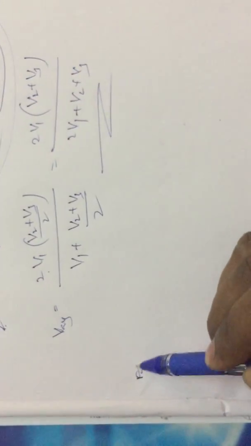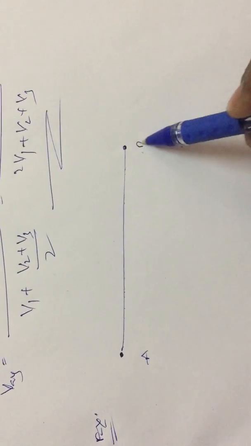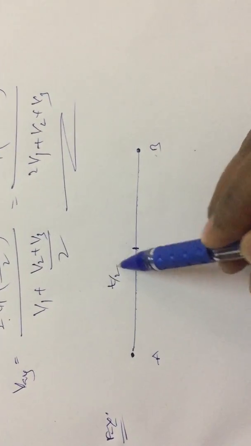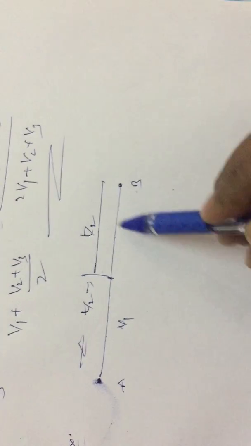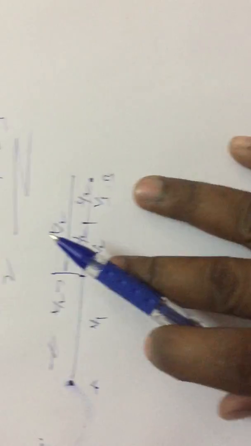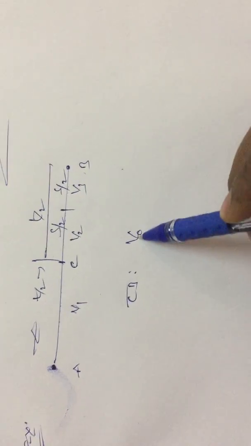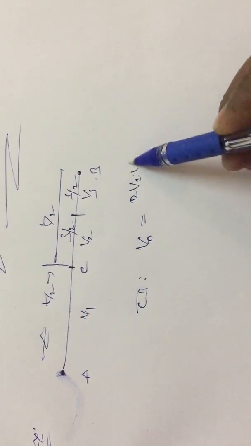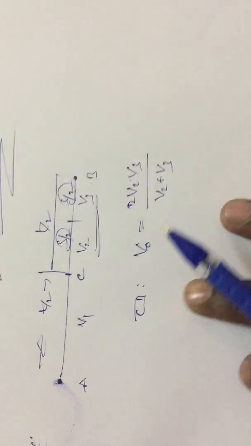This is the model. Now the converse of this question: suppose the body is moving from point A to B such that in the first half of the time it travelled with speed V1. In the second half of the time it had two speeds, V2 and V3, to cover equal distances. Here also from C to B you can write V naught equals 2 V2 V3 by (V2 plus V3), because the distances are the same.